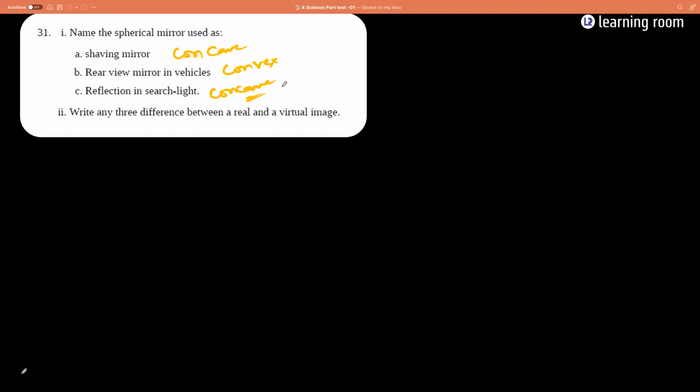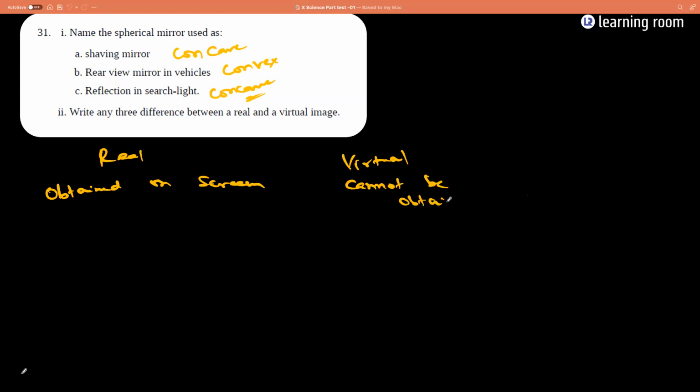Write any 3 differences between real and virtual image. Tell me. What did you guys write? Real image can be obtained on screen. Virtual image cannot be obtained on screen. Okay, next. When will you have a real image in the case of reflection or refraction?